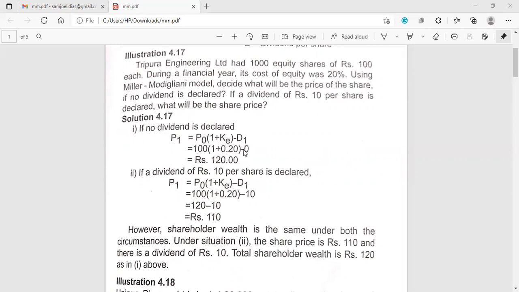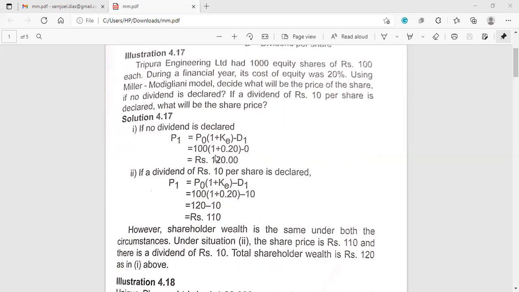Now D1 is 0 because dividend is not declared. So let us calculate: price at the end is equal to 100 into 1 plus 0.20 minus 0. That comes to rupees 120. So when the dividend is not declared, the market price of the share is rupees 120 according to the model.